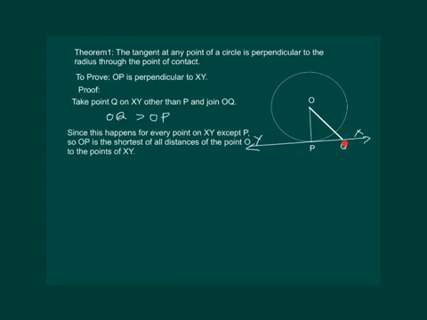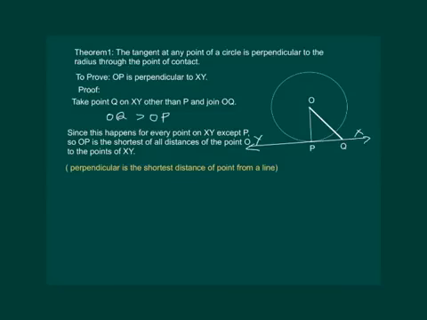If this point Q is anywhere else on XY other than at P, the inequality will apply. That means that OP is the shortest distance of the point O to the points of XY.